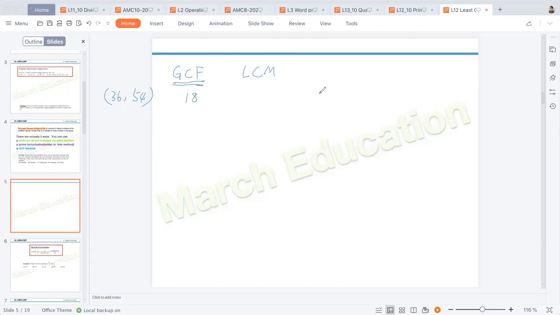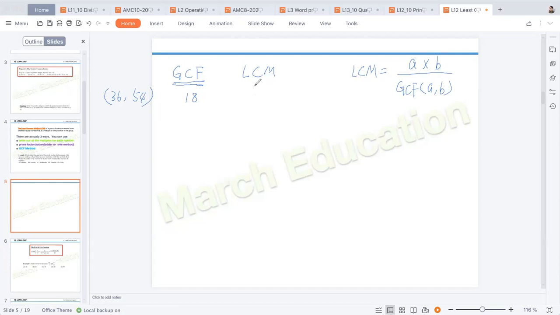So LCM equals number A times number B divided by the GCF of A, B. Okay, we can use this. So we can try, does this work?